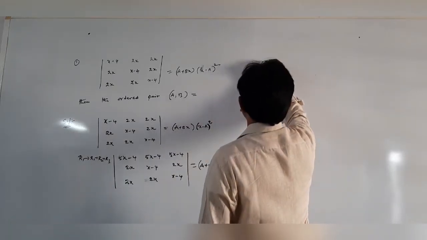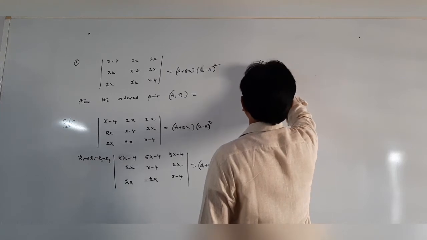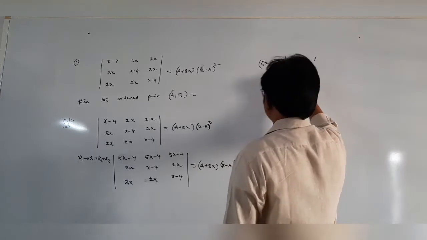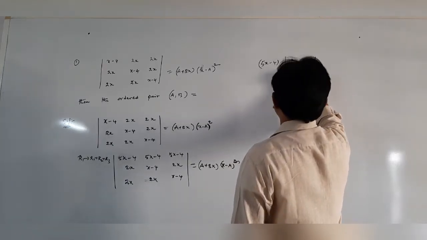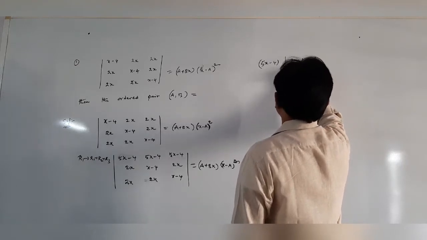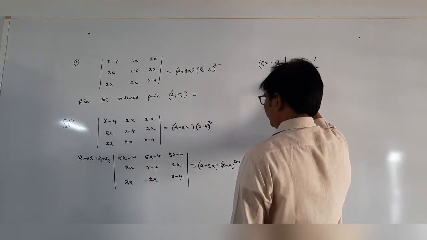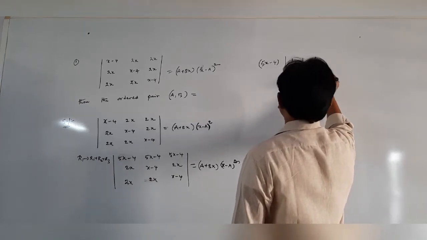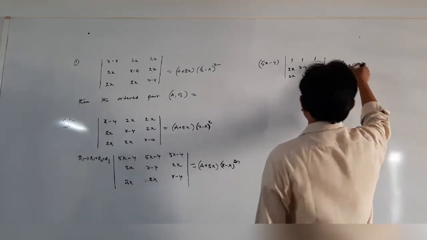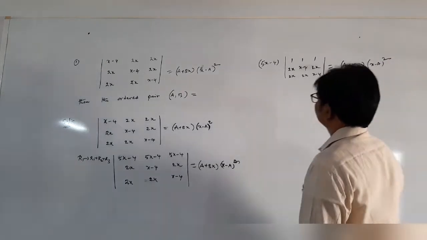So we have to take the common term 5x minus 4. Then it is 1, 1, 1. After that 2x, x minus 4 and 2x, 2x, x minus 4, equal to (a plus bx)(x minus a) whole square.